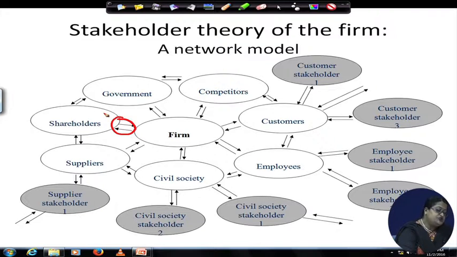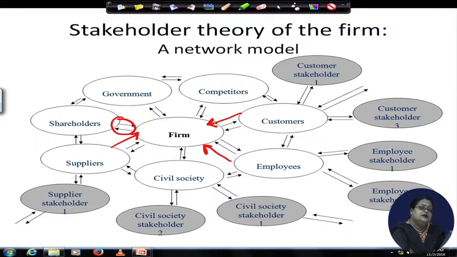In the traditional model, the other important contributors to the business, like the suppliers, the employees, and the customers, have only a one-way relationship with the organization.